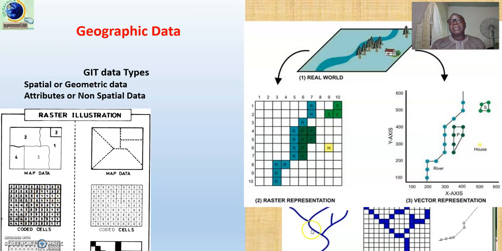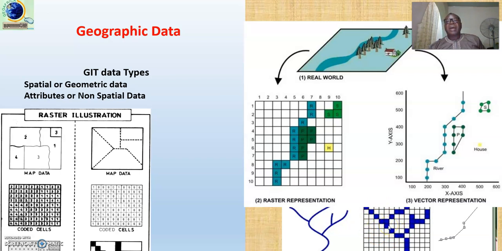For instance, this is a river system. In the vector environment, the river system will be represented as a series of arcs and nodes, or points and polygons, as we have here. But in the raster environment, it will be represented as a series of cells which have different colors. Colors are used to represent the river system.